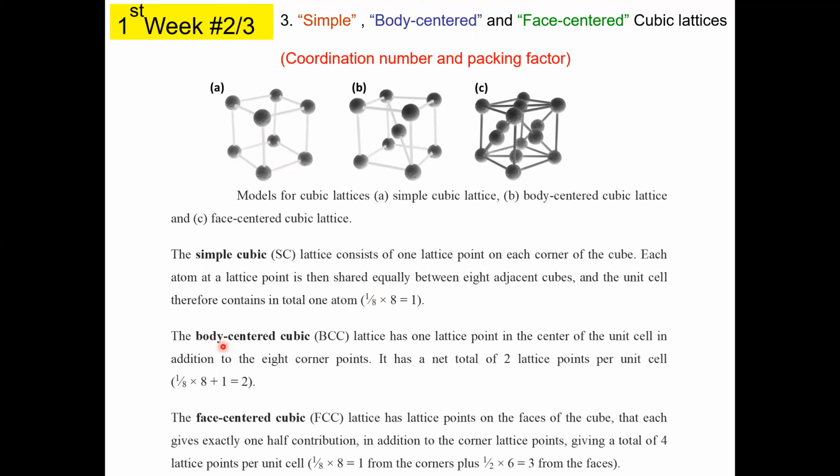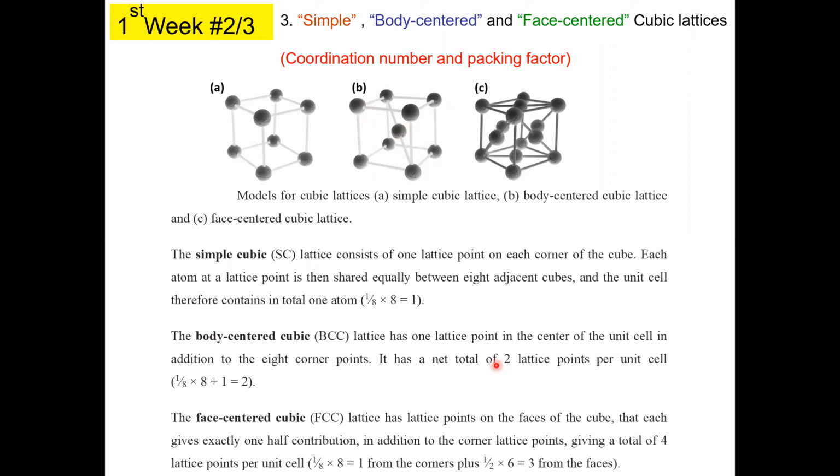How about the body center cubic, BCC lattice? It has 1 lattice point in the center of the unit cell in addition to the 8 corner points. So this is like a simple cubic, right? Plus 1 in the middle.